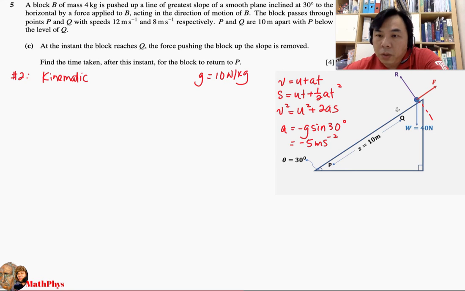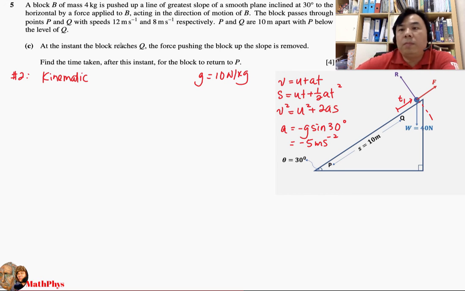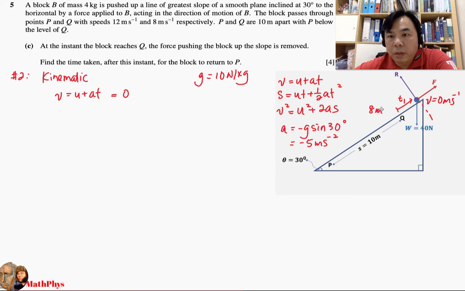First of all, we're going to look at the time taken to move up to this position, T1. To find T1, we're going to use these kinematic equations here. We know that V is equal to 0 in this case, so we're going to use this SUVAT equation. And U initially was 8 meters per second.